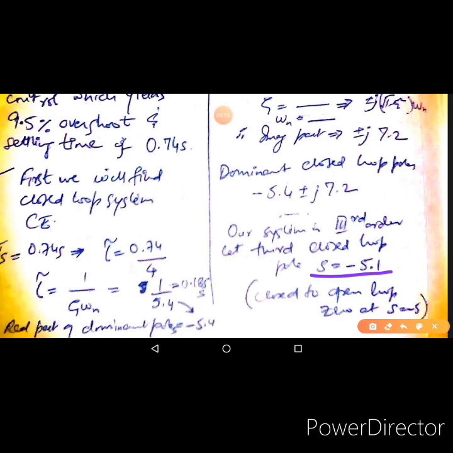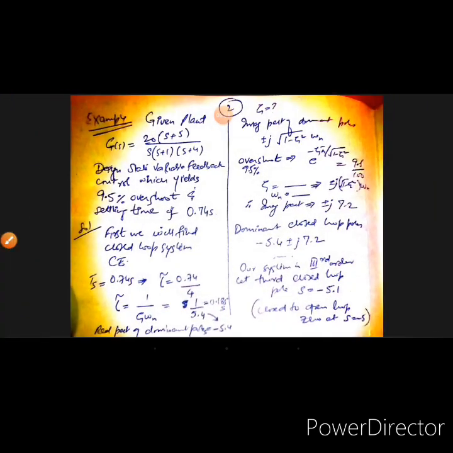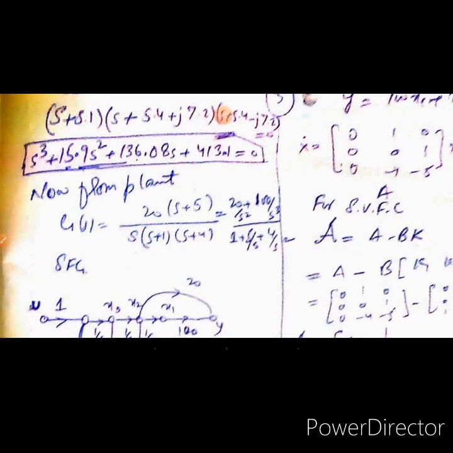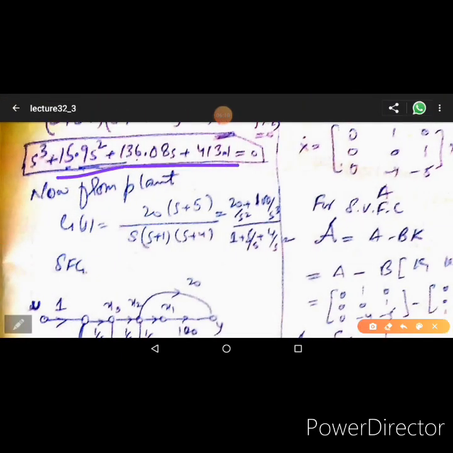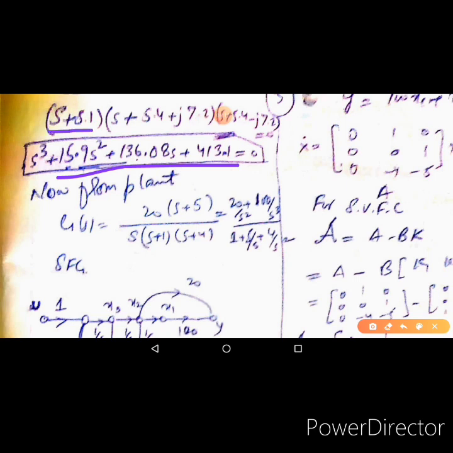So on the basis of these three poles, we can construct our desired characteristic equation, which you can see over here. How do we do it? This is our third pole at minus 5.1, s plus 5.1.